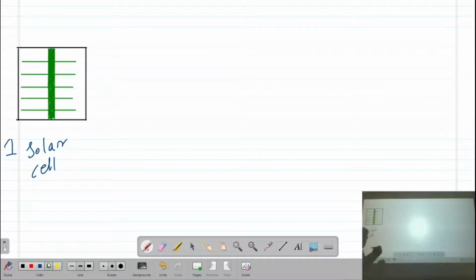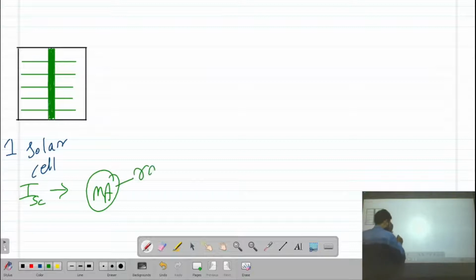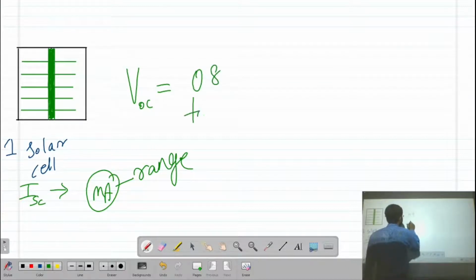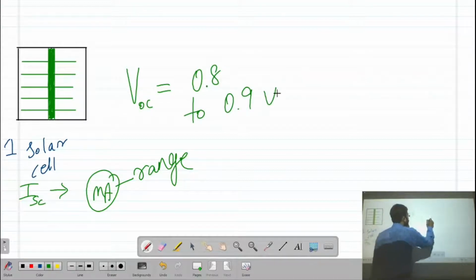We know that ISC was in the milliampere range, and VOC will be near about 0.8 to 0.9 volt, right?